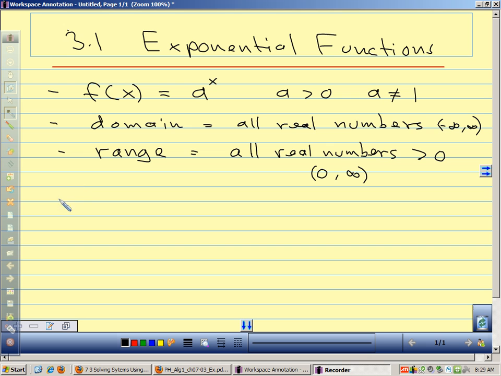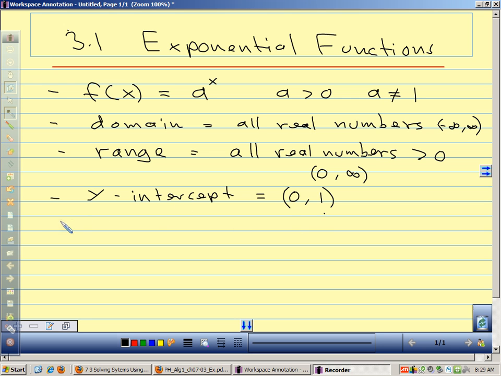For every exponential function, the y-intercept is the point 0, 1. When x equals 0, our exponential function equals 1. So every exponential function that looks like this always goes through the point 0, 1. It crosses the y-axis at 1.